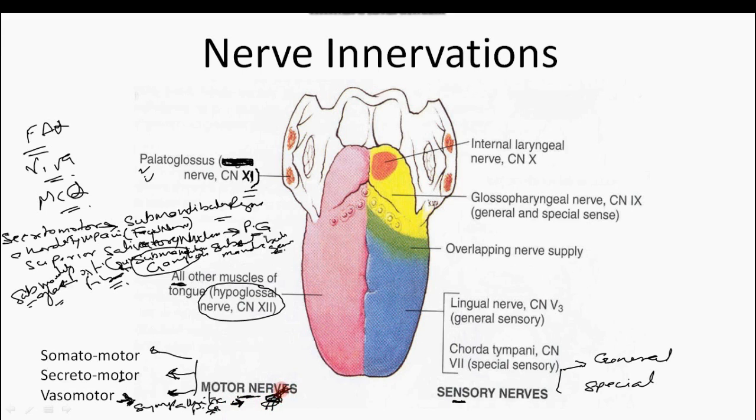Which conveys the postganglionic sympathetic fiber from the superior cervical ganglion of the sympathetic trunk. And this fiber passes through the submandibular ganglion without any relay.